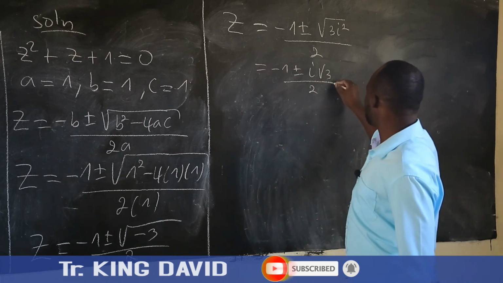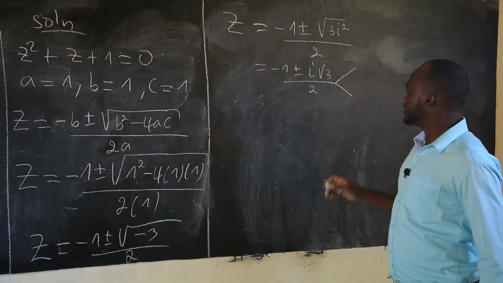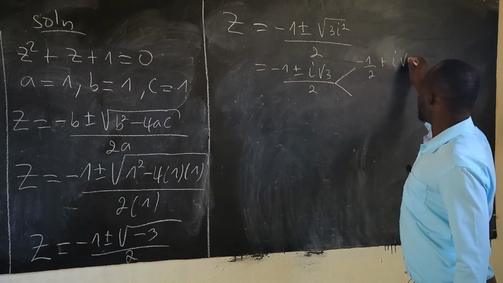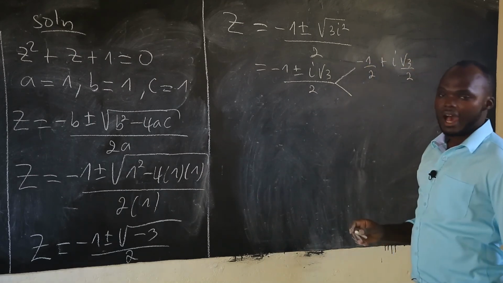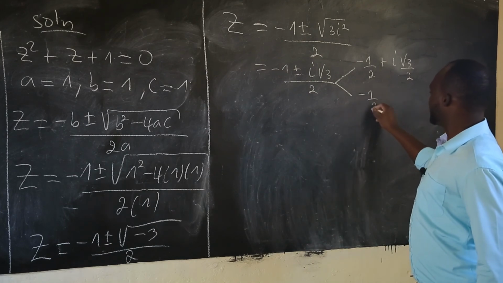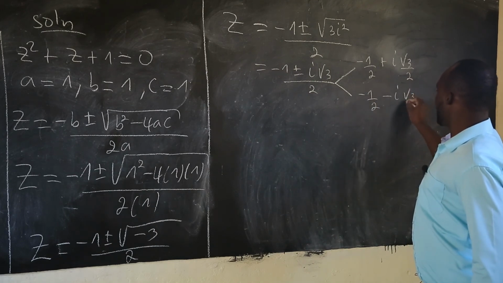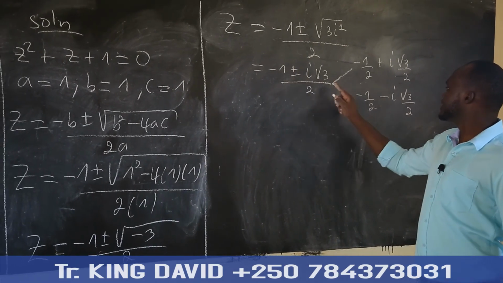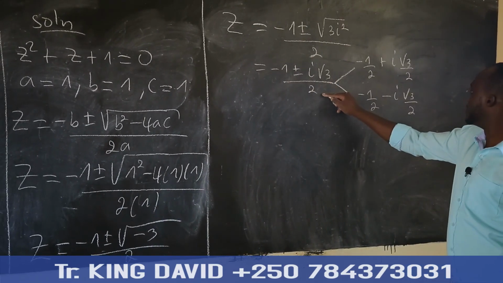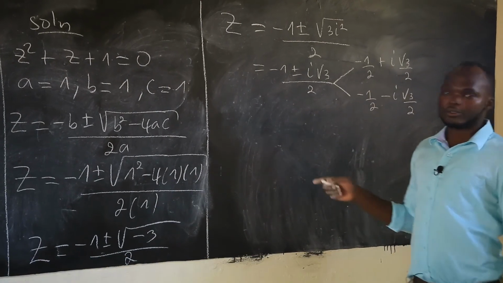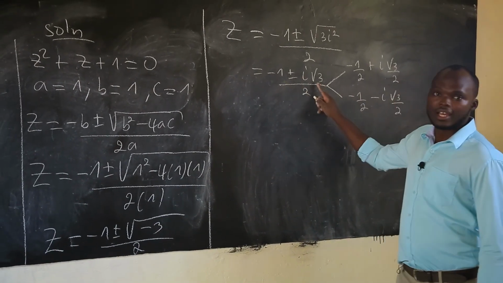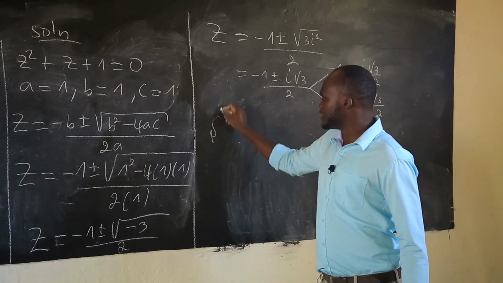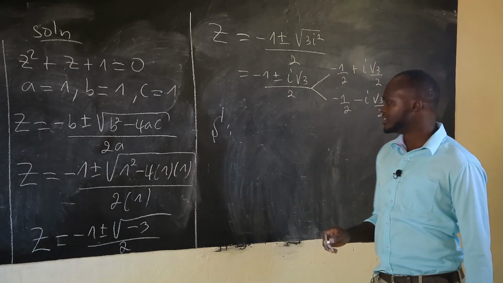So our z1 and z2 will be negative 1 over 2 plus i root 3 over 2, and negative 1 over 2 minus i root 3 over 2. So which means that our set contains two values of z.